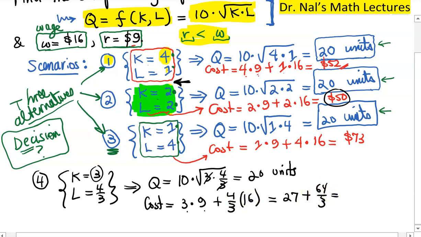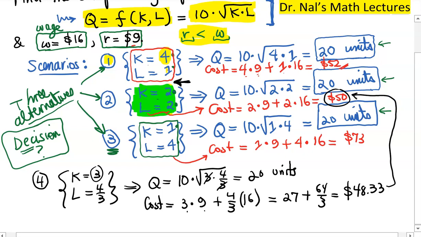I have a calculator in front of me. 64 divided by 3 is equal to 21.33. So 21.33 plus 27 gives me $48.33. Even better than the second option.